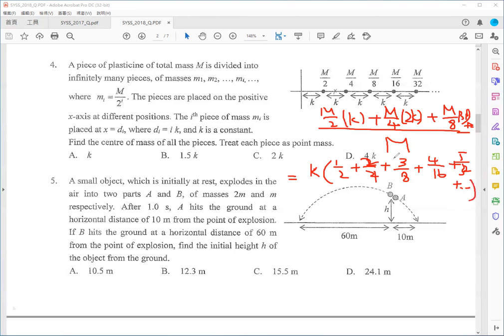This is neither an arithmetic series nor a geometric series. So let me ask you this question: do you think that you are able to find the sum of this series?